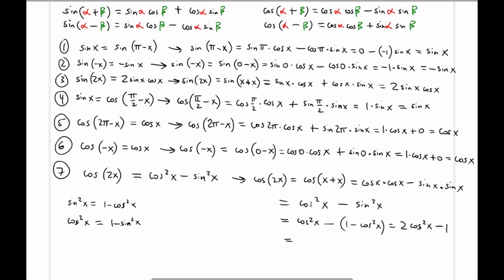Because if you use this formula and you substitute the cosine squared with 1 minus sine squared x instead, and then subtract sine squared x by copying that down, you get 1 minus twice the sine squared, because there are 2 of them that you're subtracting. So minus 2 sine squared x, right?